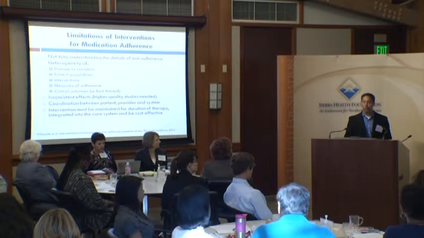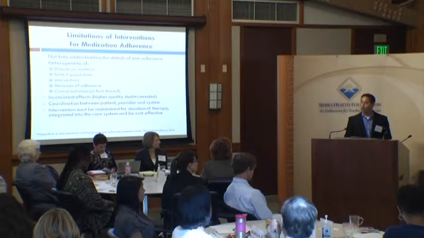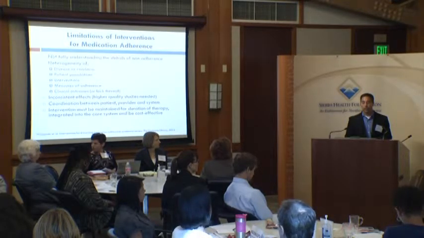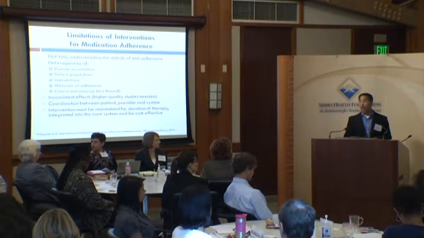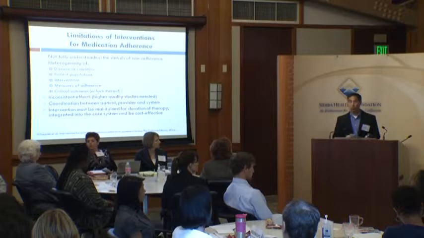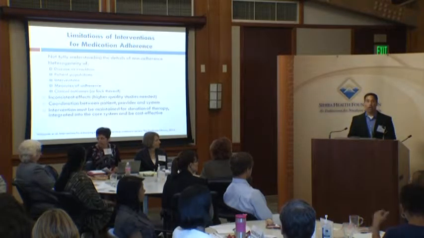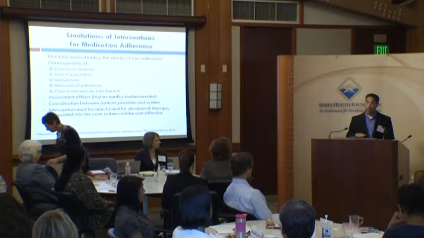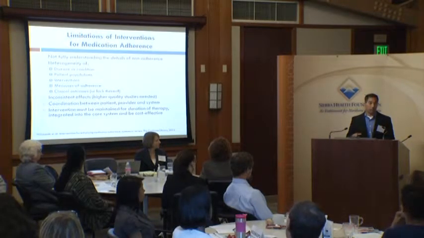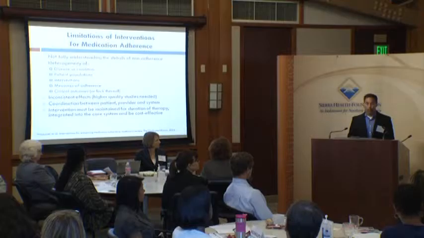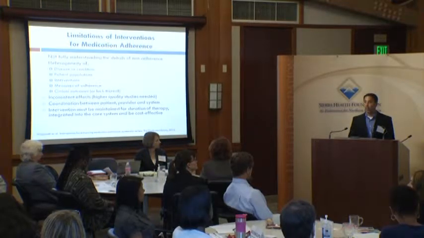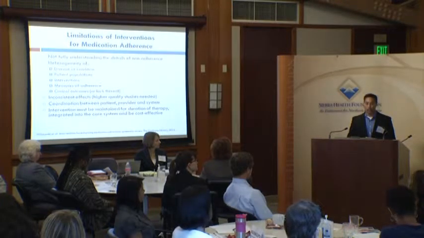There's lots of differences between diseases and conditions, patient populations, the type of intervention you're actually going to provide, and how you actually measure adherence. There's proportion of days covered, there's medication possession ratios. Sometimes people cut it off at 80%, sometimes people cut it off at 90%. So there's lots of different ways that these studies are done, so we're really not sure where the target is. We really don't understand what's actually going on.